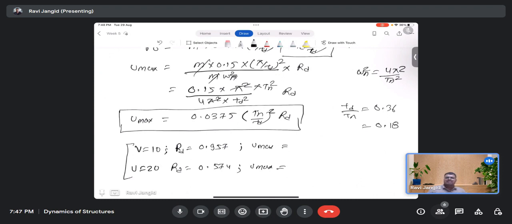So anyone with the answer? First one, I am getting around 0.141, and second one I am getting 0.337 meter.